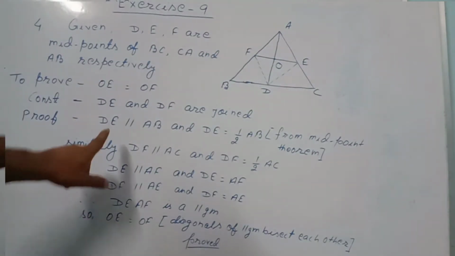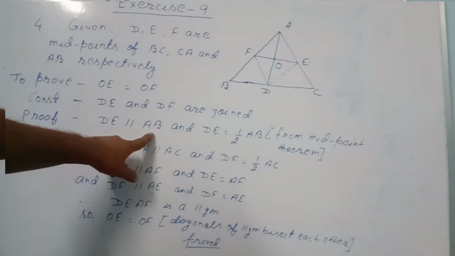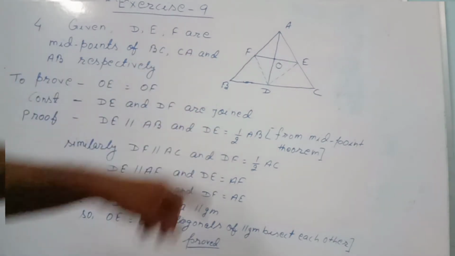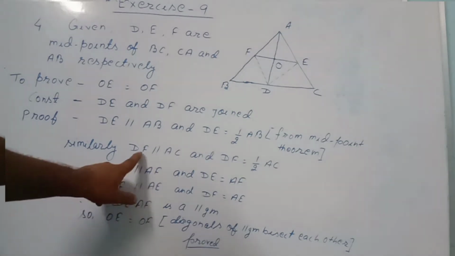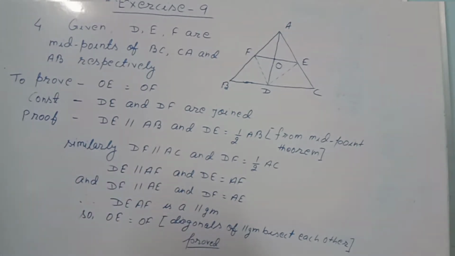So we get DE is parallel to AB and DE is half of AB from the midpoint theorem. Similarly, DF is parallel to AC and DF is half of AC. If DE is parallel to AB, then DE is parallel to AF and DE is equal to AF.